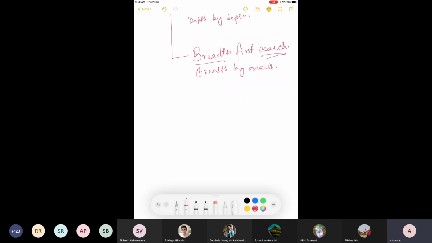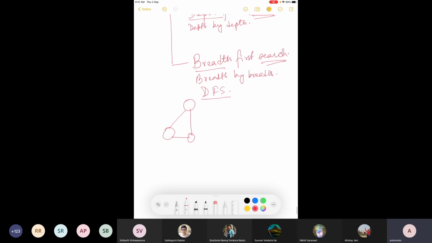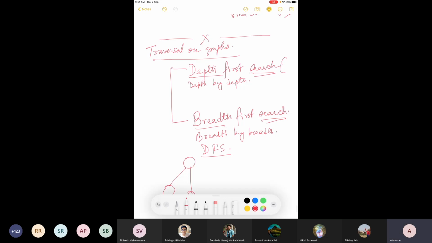What does it mean? Suppose we have a graph like this. We will start with DFS or the depth first traversal. This is in short called the DFS, and this is in short called the BFS.